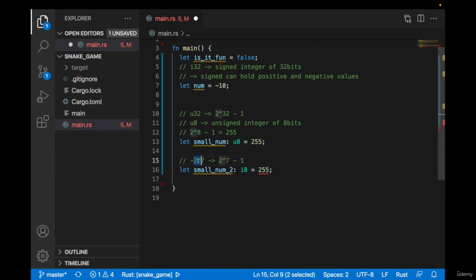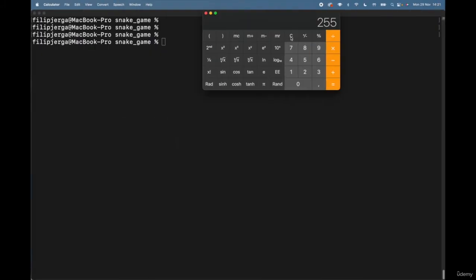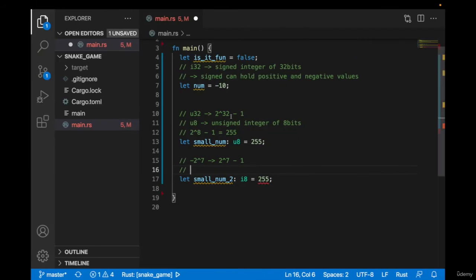How many values can I hold here? We can calculate it again. 2 to the power of 7 is 128, so I can hold from minus 128 until 128 minus 1, which is 127.